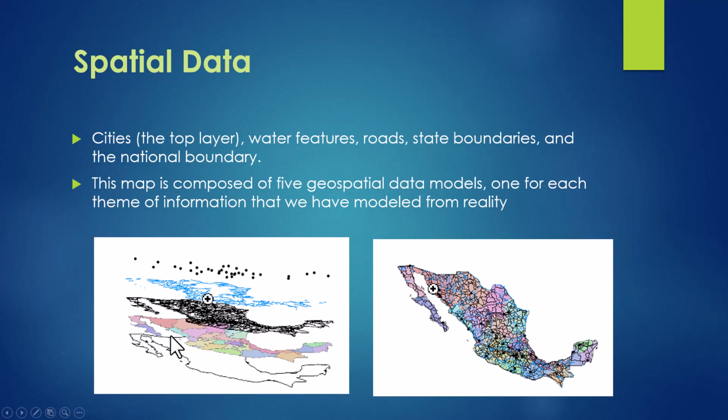While we do separate the spatial phenomena into separate geospatial data models in the computer, if we lay these layers on top of each other and flatten them, we can then produce a map that looks like the figure on the right. This map is composed of 5 geospatial data models, one for each theme of information that we have modeled from reality. So by placing these layers of information on top of each other, we can produce useful visualizations and conduct analysis or execute queries.